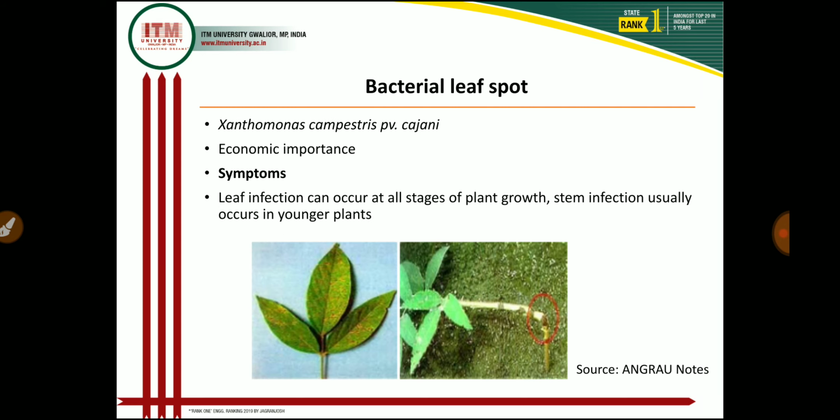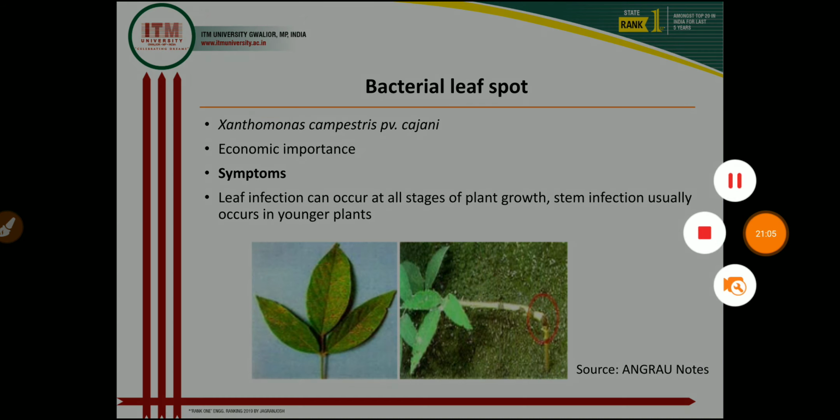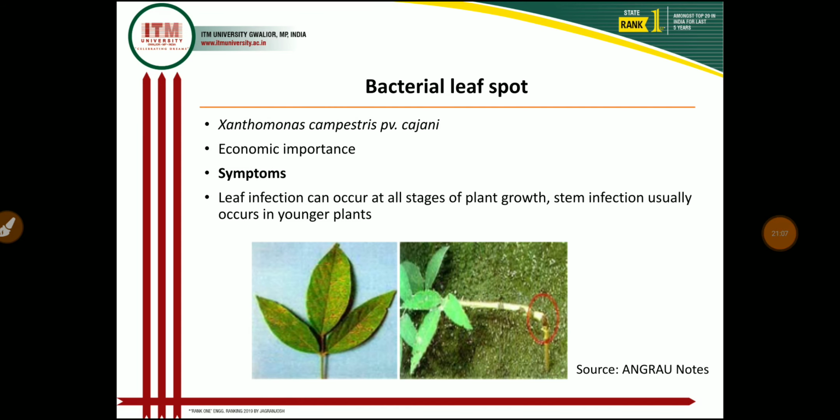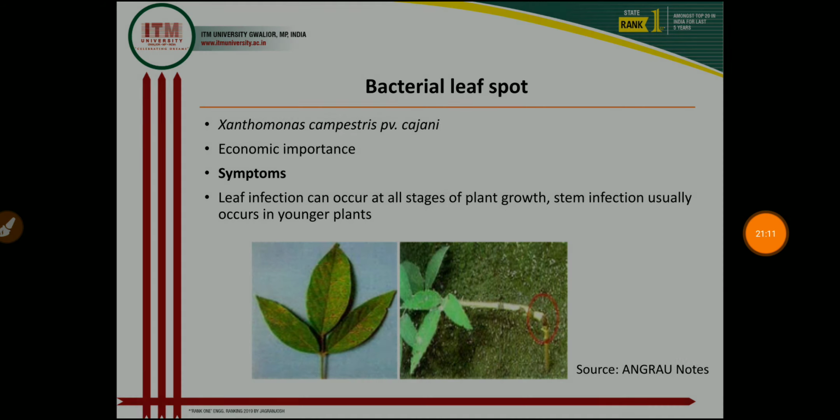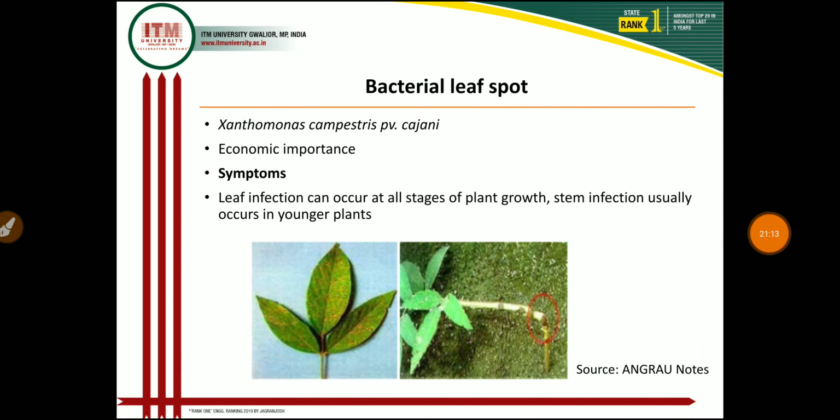The next disease is the bacterial leaf spot and stem canker. This bacterial leaf spot is an important disease in the pigeon pea crop. Bacterial leaf spot and stem canker is caused by Xanthomonas campestris pathovar cajani, and this disease is also very important, and almost 5 to 10% crop losses occur due to this bacterial leaf spot disease.